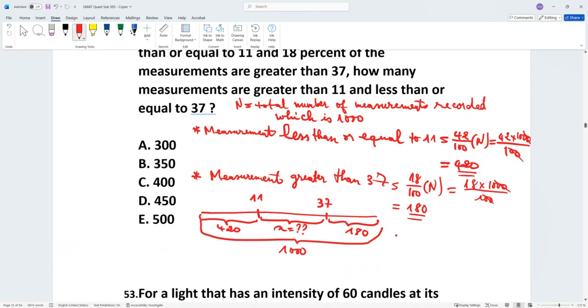So this means that the 1,000 measurements that we created is actually equal to 420 plus x plus 180. And x is equal to 1,000 minus 420 minus 180, and x will be equal to 400.